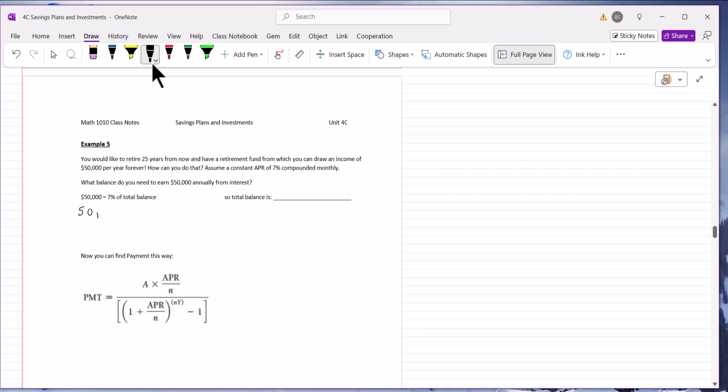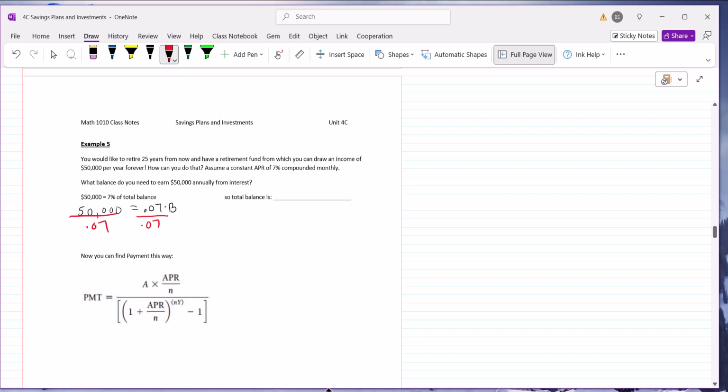This is going to be 50,000. Move the decimal to the left 2 to get 0.07, and then just put a variable like b or something like that. Okay? How do I solve this equation? What do I do to both sides? Divide by 0.07. Good.